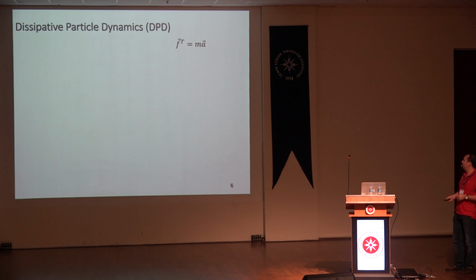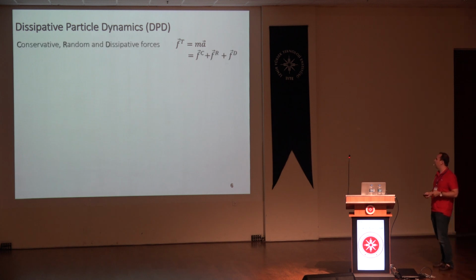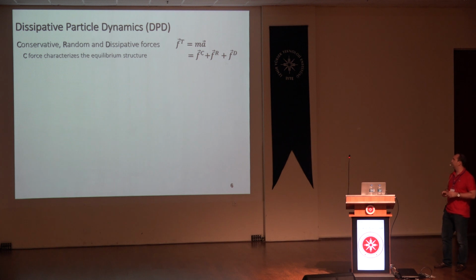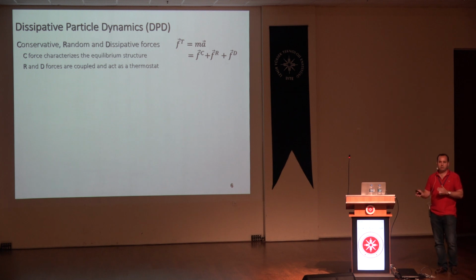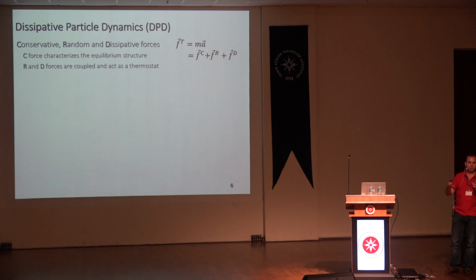And this force in DPD is composed of three parts: conservative, random, and dissipative forces. The conservative force characterizes the equilibrium structure, and the random and dissipative forces are coupled, and they act as a thermostat. So this is a nice feature of DPD. You don't have to bother trying to find a suitable thermostat or barostat for your simulations.